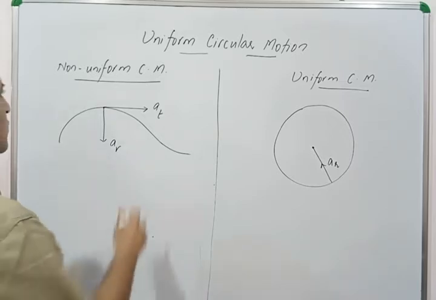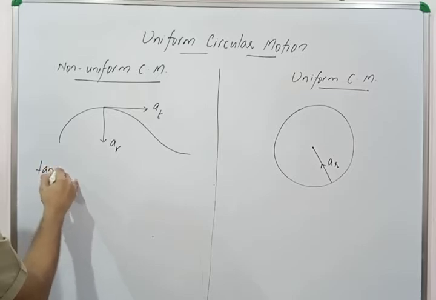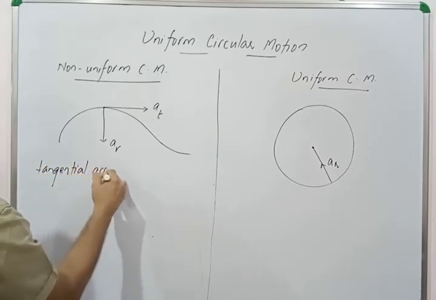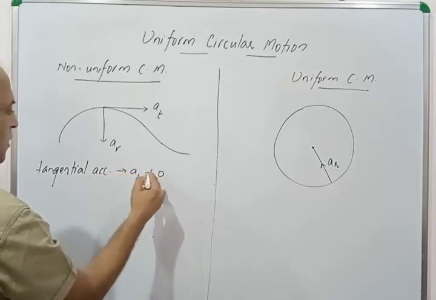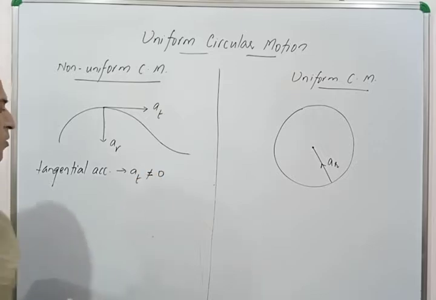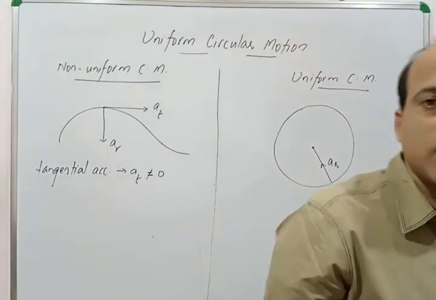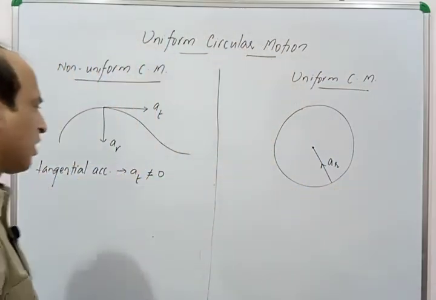That means in case of non-uniform circular motion, the tangential acceleration or AT is non-zero. And since it is non-zero, it increases or decreases the speed of the body.